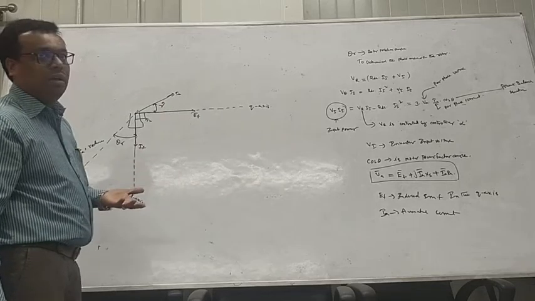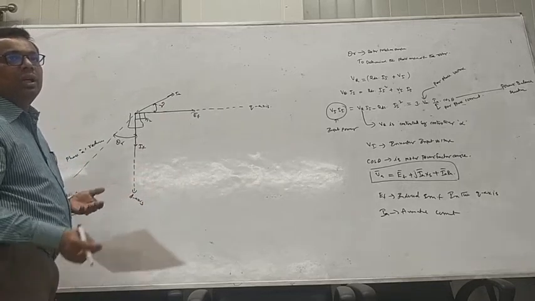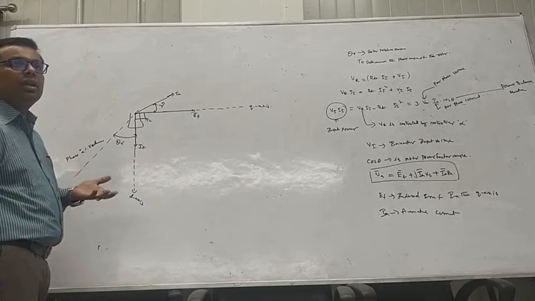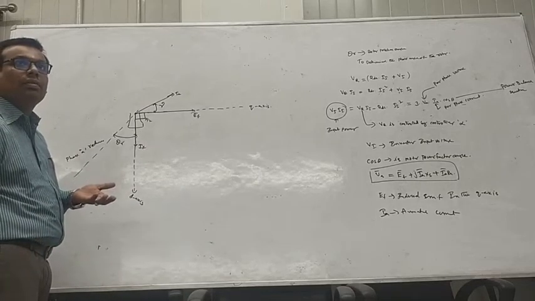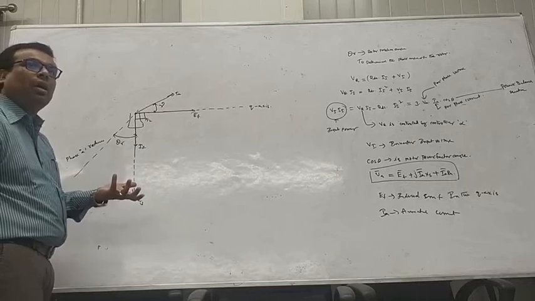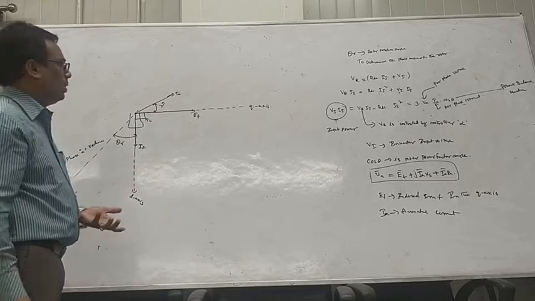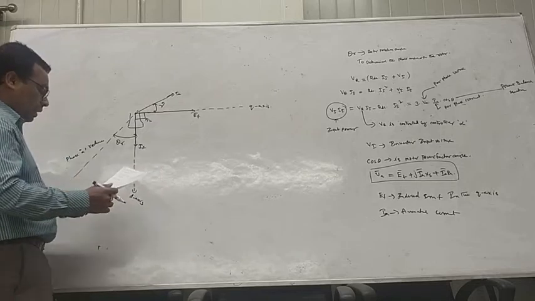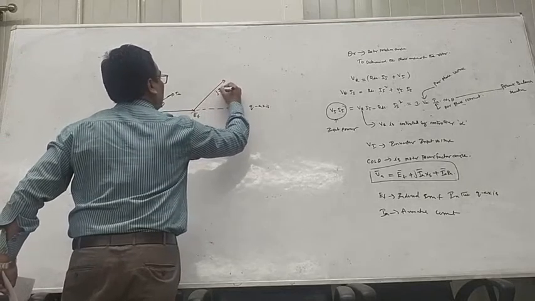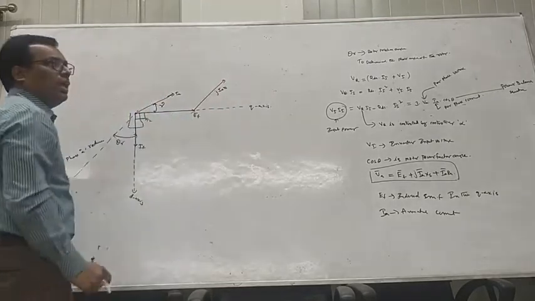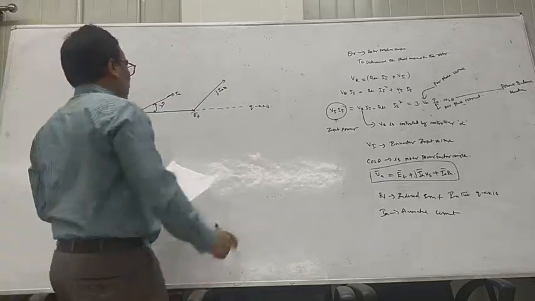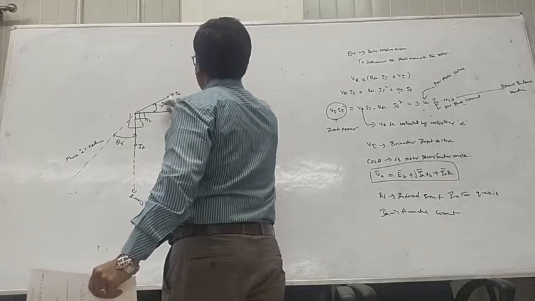To find the armature voltage, it is the phasor sum of the induced field EMF, plus the synchronous reactance drop J into IA into XS, plus the armature resistance drop IA RA, in the direction of the armature current.